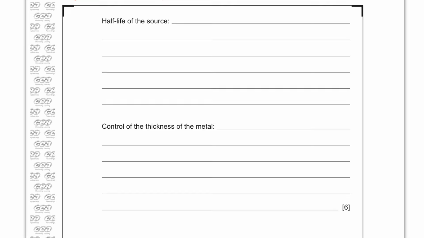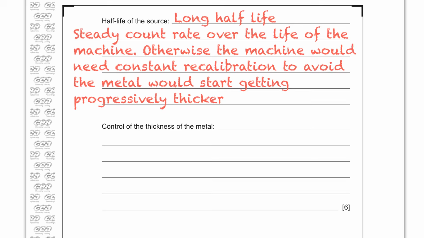So you would need something that has a fairly constant count rate coming from it, and that would mean something with a fairly long half-life. So you just explain you would need a long half-life because you would need a steady count rate over the life of the machine, otherwise the machine would need constant recalibration to avoid the metal getting progressively thicker.